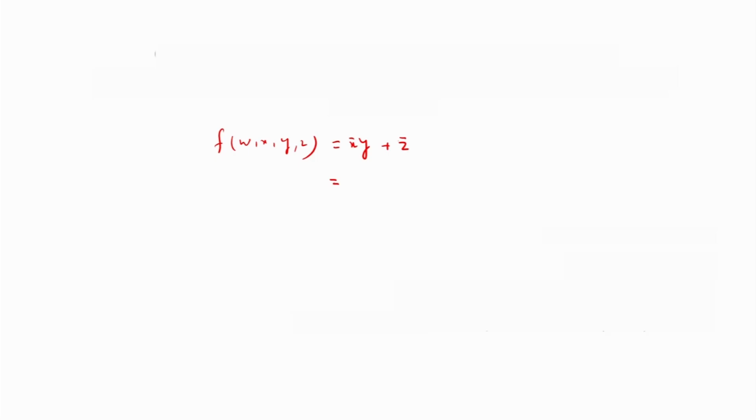Then we can write it in standard SOP form, that is, write the min terms in which the function value is 1. The first term is x complement y. Here the values of x and y are fixed.